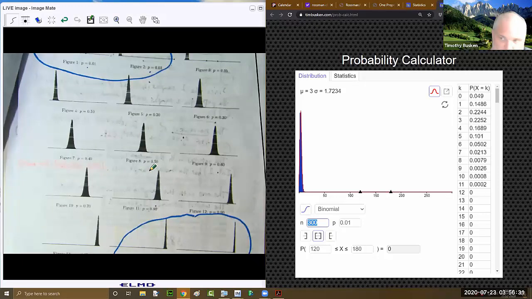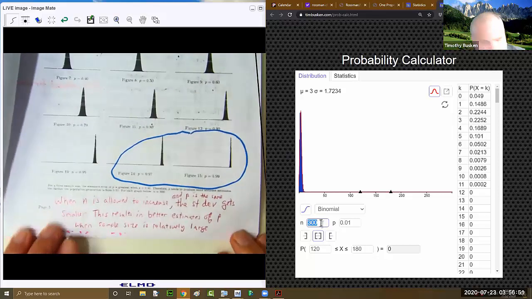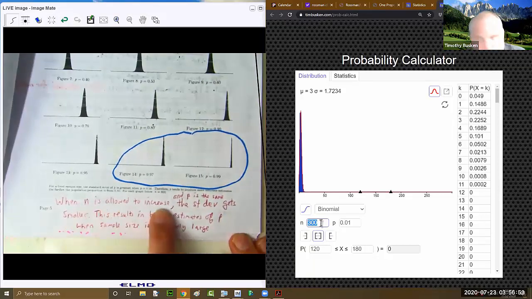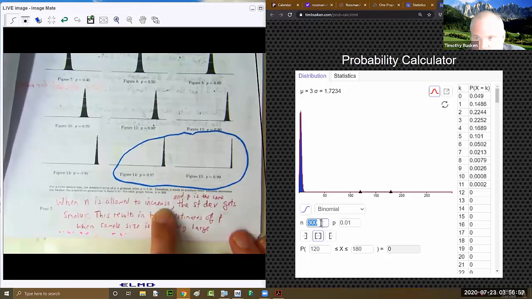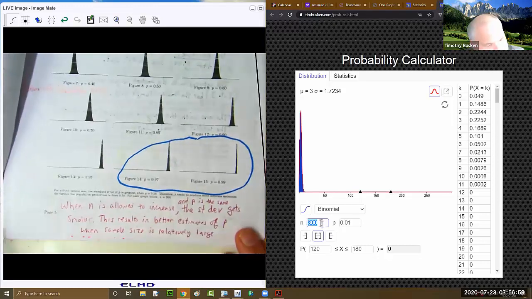There are also ways to get a good estimate for p if the actual value of p is not close to 0 or 1, and you do this by adjusting the sample size. I'll talk a little more about that later, but the point here is this: when n is allowed to increase and p is the same, the standard deviation gets smaller.